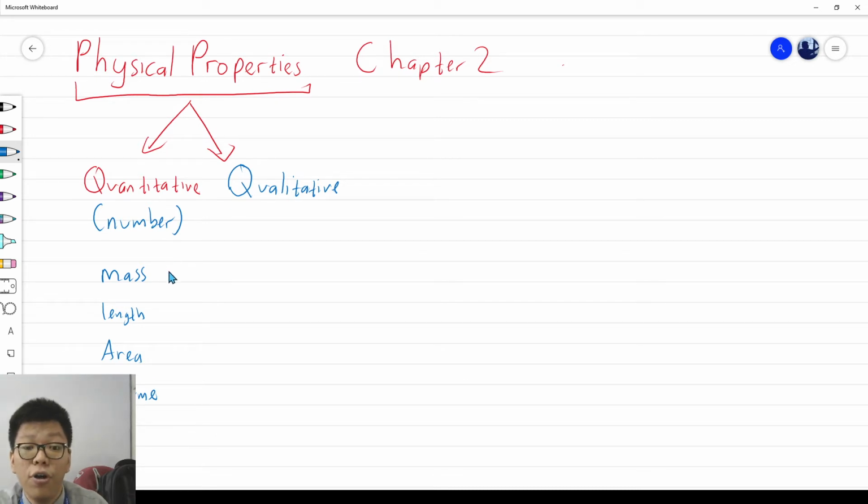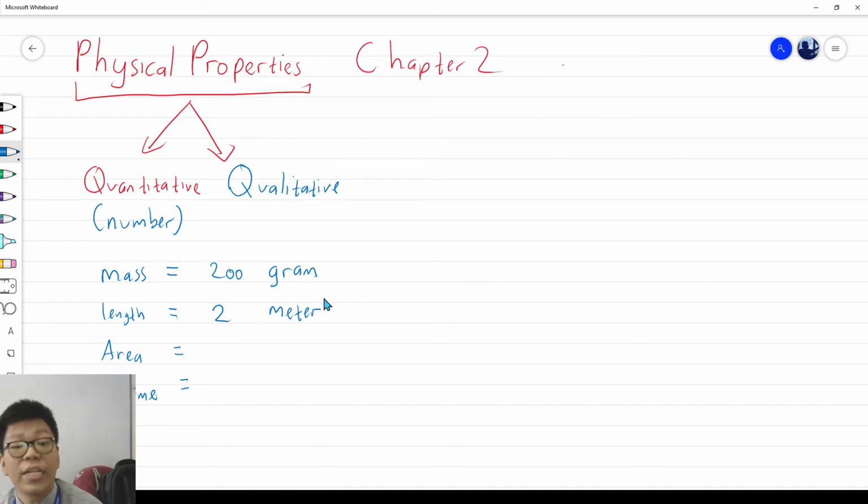Now, for all of these, usually we will state, for example, the mass is 200 grams. We need a unit. Usually for mass we use grams. For length, maybe the length is 2 meters.